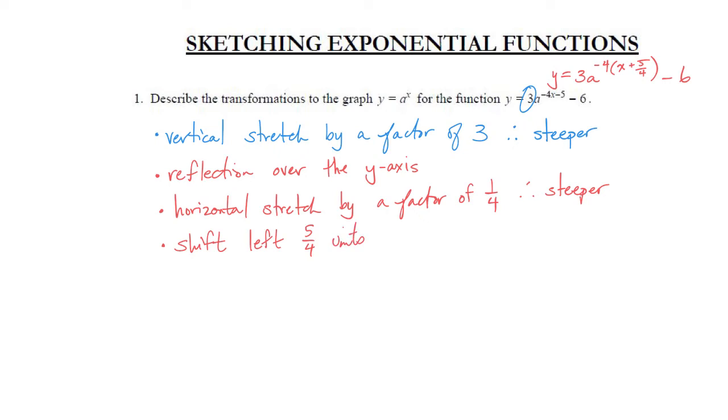And then I have that -6 on the end. I can tack that on to that same shift statement because it's attached by subtraction, so I know it's a shift. And I'm going to shift it down 6 units. There we go. So we've got all of our vertical stuff in blue and all of our horizontal stuff in red.